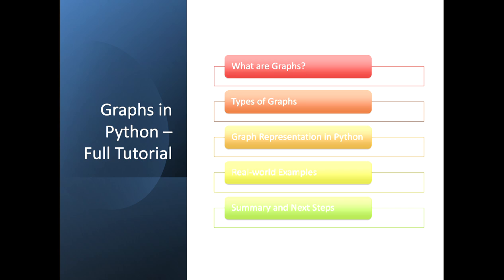By the end of this video, you will know what is a graph and the types of graph, how to represent graphs in Python using coding, and where graphs are used in real life. Let's deep dive into the topic right now.